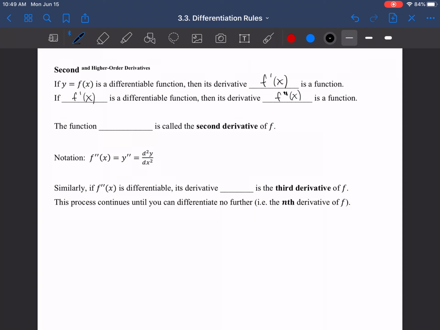The function f double prime of x is called the second derivative of f. The notation for this is f double prime of x, y double prime, or d2y over dx squared. Notice the 2 comes after the x here, but it comes after the d in the numerator. The reason for this is we can actually write this as the derivative of the derivative of y, like that.